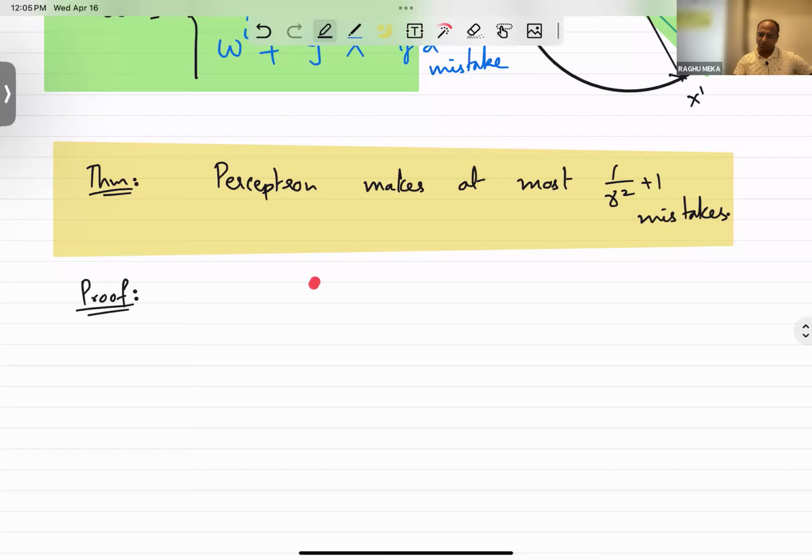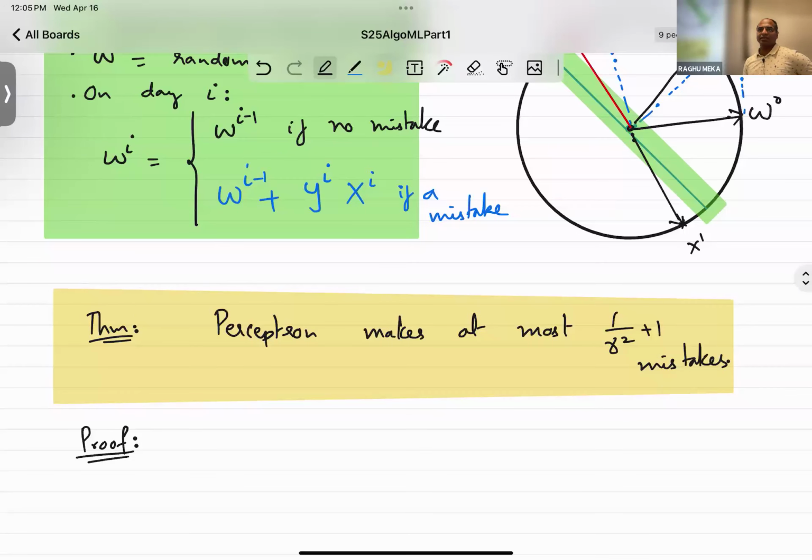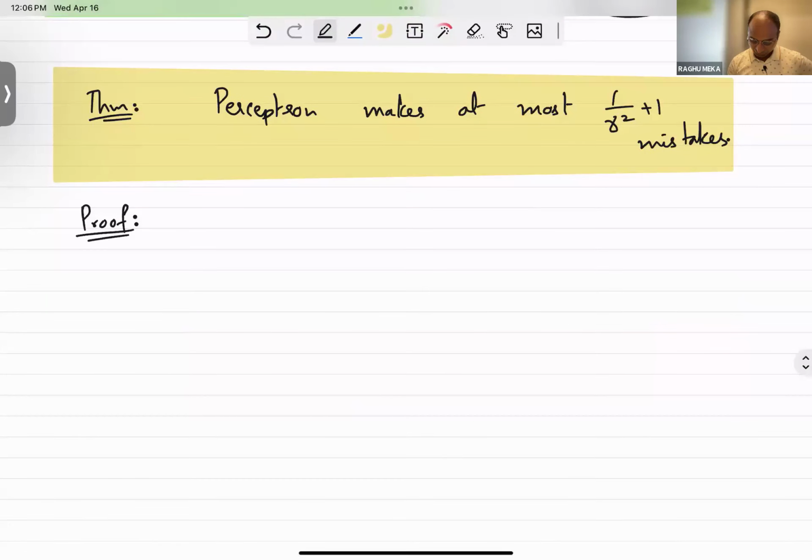So first, observe that when we don't make a mistake, the algorithm does nothing, right? And typically in these scenarios, what you want to do is build some kind of potential function and say that when you make a mistake, something nice happens. Okay, so that's what we're going to track. Intuitively, when we make a mistake, somehow we improve our current classifier by making it point more towards the true unknown classifier. So we make some progress towards the unknown one whenever we make a mistake.